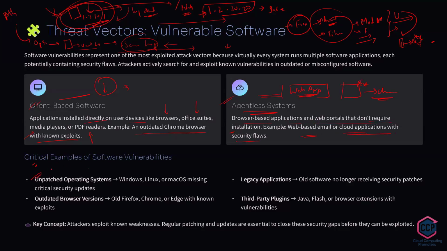Unpatched operating system. If you are using Windows 7 even now, which is outdated, it has many vulnerabilities that anyone can get into. Why is it vulnerable? It has some loopholes. It may have a backdoor route which hackers would have exploited. A kernel flaw would be there.